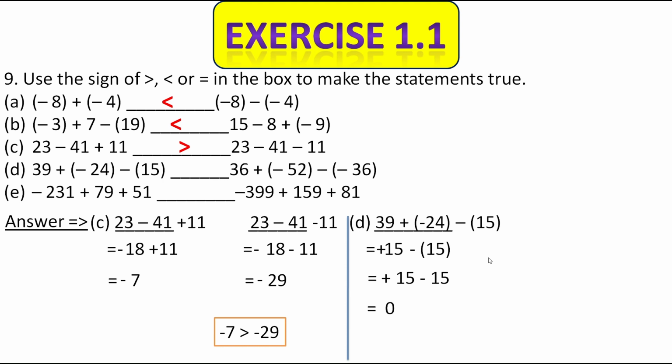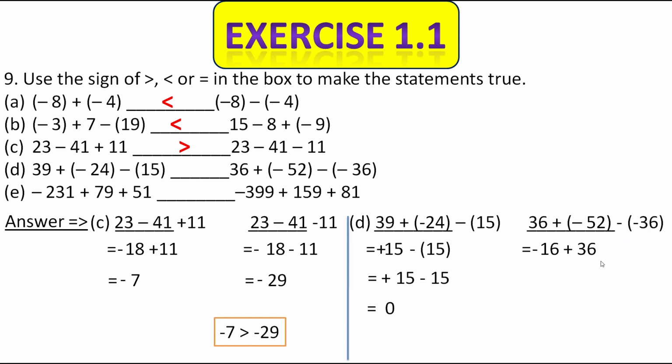Now let's check the opposite one, that is 36 plus of minus 52 minus of minus 36. Now we will make a group of these two numbers, as both of them have different signs. We have to subtract. So 52 minus 36 is equal to 16 with a minus sign, because 52 is bigger here and it has a minus sign. Now here we have minus of minus 36, which will become plus 36.